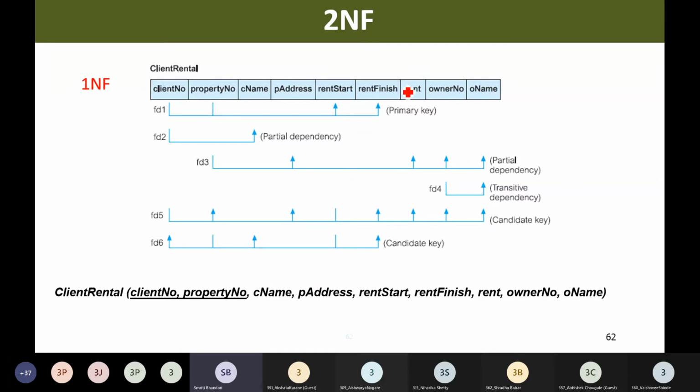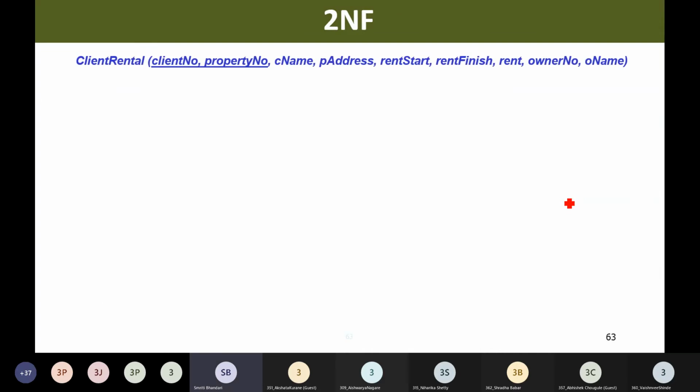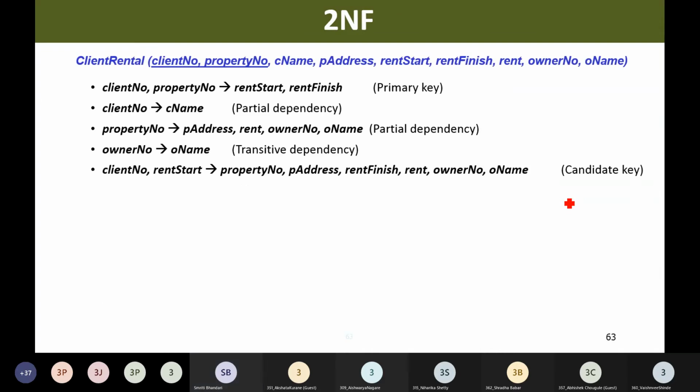So this is the pictorial presentation of the functional dependencies that we have identified. We have a relation in 1NF, and whatever functional dependencies we have identified are pictorially shown in this slide, right? So it is the same thing.